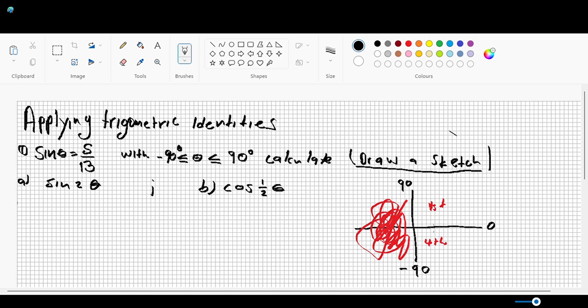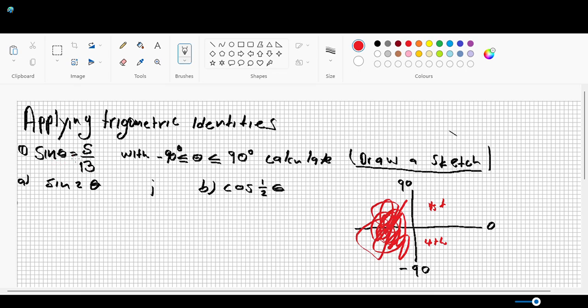But then within these two quadrants, where exactly shall we draw our theta? Now you go back to your question. Let's look at this information here, guys. We are being given that sine theta is equal to 5/13.